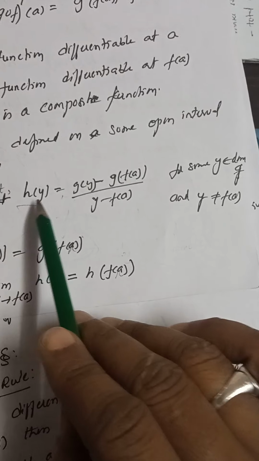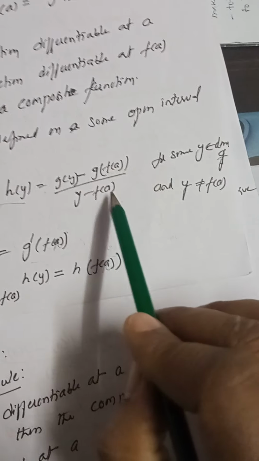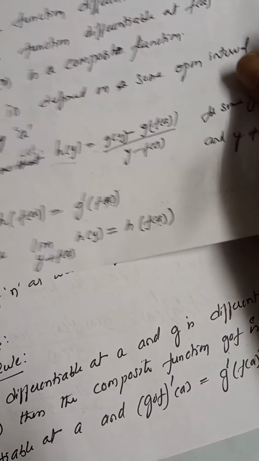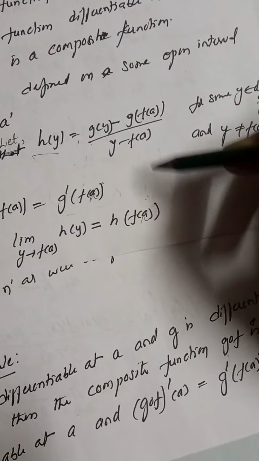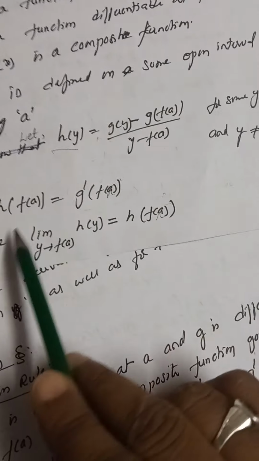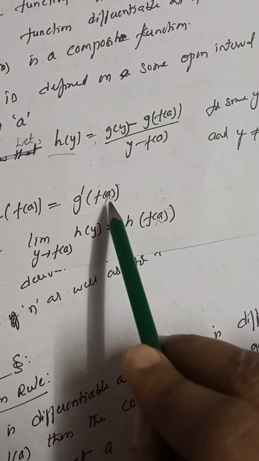Now here we are denoting h of y by g of y minus g of f of a by y minus f of a for some y belonging to the domain of f where y is not equal to f of a, right? If y is equal to f of a, it becomes a 0 by 0 form, no, right? Now see here, now let h of f of a be equal to g dash of f of a.